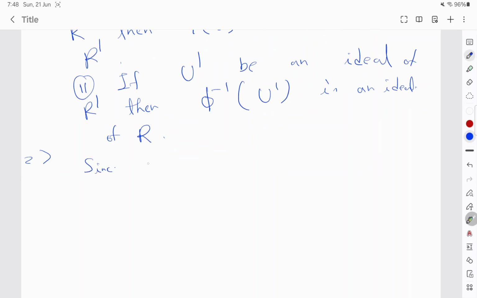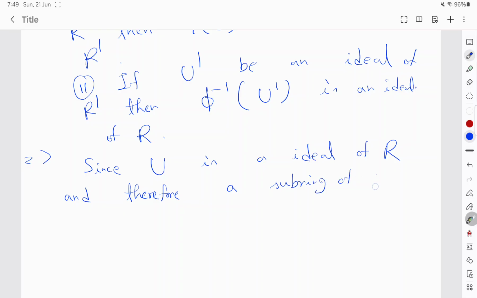Since U is an ideal of R, therefore it is a subring of R, and therefore phi of U is a subring of R dash.